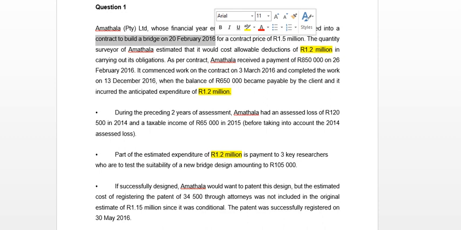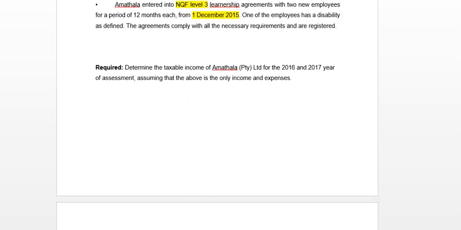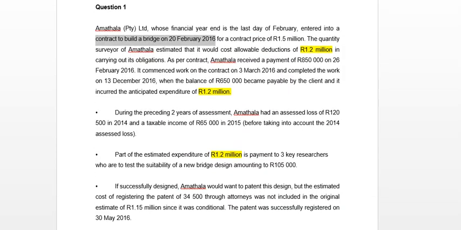So from the 20th of February 2016, that's part of your 2016 year of assessment. So the 1st of March until 28th February 2017, that's your 2017 year of assessment. Now, for all of these parts, you need to determine whether it relates to the 2016 year of assessment or the 2017 year of assessment.